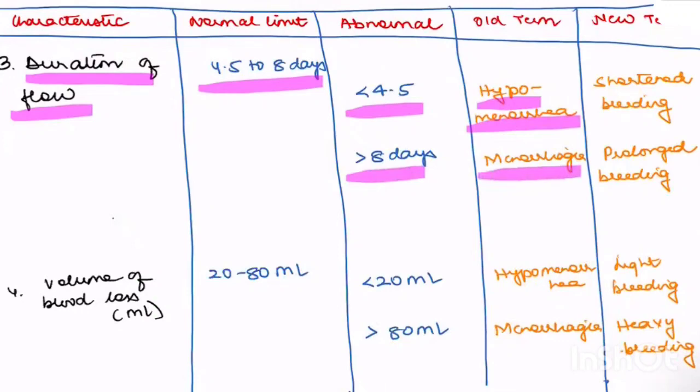Hypomenorrhea and menorrhagia are older terms. So if someone has bleeding for less than 4.5 days, we now use the term shortened bleeding. Now we use very easy terms. And if someone has bleeding for more than 8 days, we do not say menorrhagia, now we say prolonged bleeding.